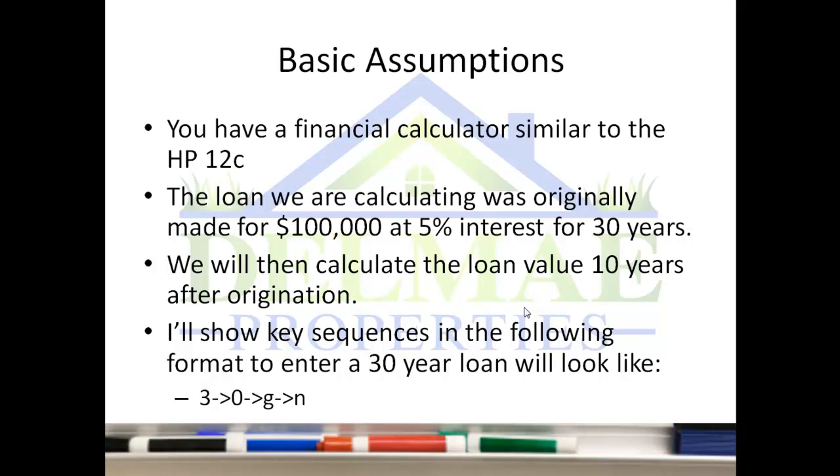Because I can't record myself actually punching the buttons on a calculator, the key sequences, the keystrokes to enter information in the calculator, are going to look like this. A 30-year loan will be 3-0-G-N, N being the number of payments, but we'll get to that in a minute.